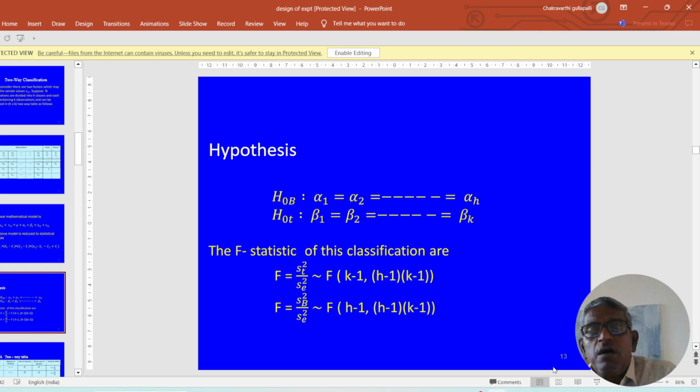For example, for the first factor, alpha 1, alpha 2, and so on up to alpha h, the statistic is mean sum of squares due to treatments divided by mean sum of squares due to errors. Similarly, mean sum of squares due to blocks divided by mean sum of squares due to errors. Here the second factor we call blocks.